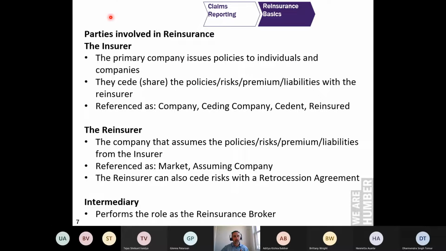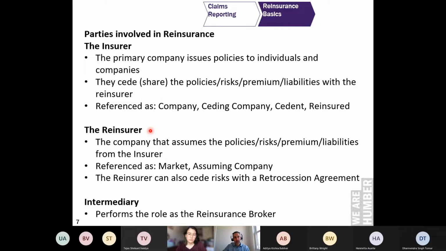So policyholder Jason would have a contract, an insurance policy, with Intact, the insurer. Intact would have a separate reinsurance contract with, say, Swiss Re. So Swiss Re is the reinsurer of Intact. Swiss Re might group all of its policies and contracts and say, I want Munich Re to provide an agreement over parts of my portfolio.